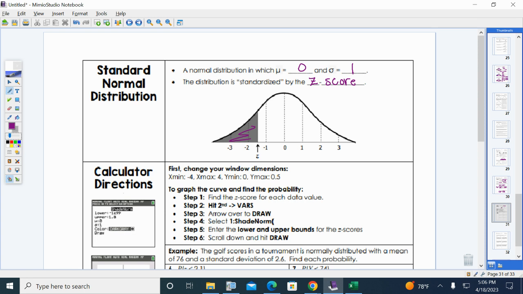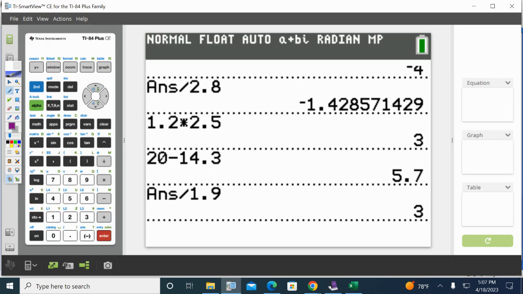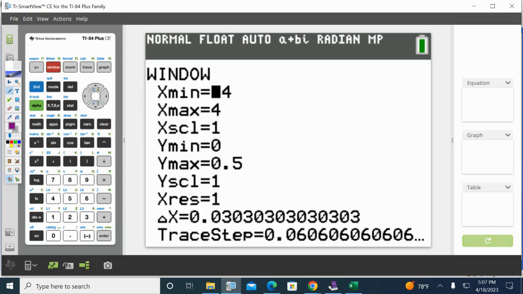So the first thing that we need to do is set up our calculator so that our window is right. Okay, so I'm going to go to my calculator and go to window. There are actually 4 things that you need to make sure you've got.